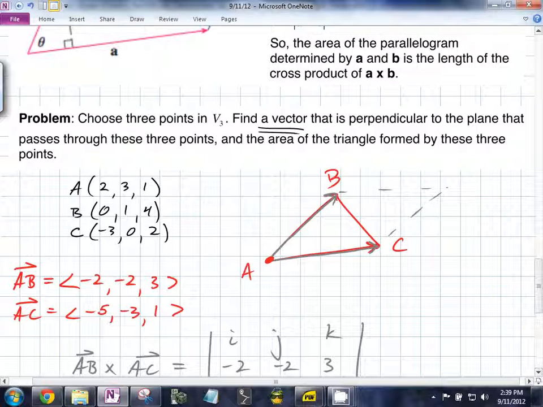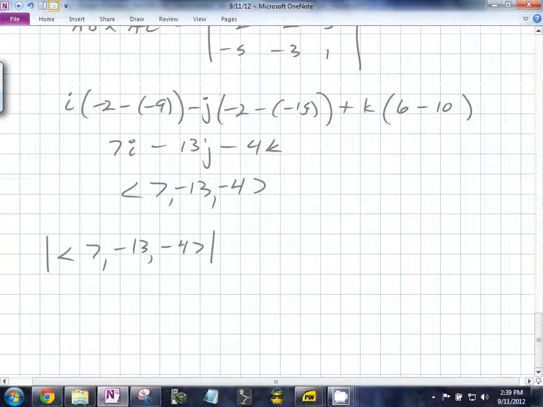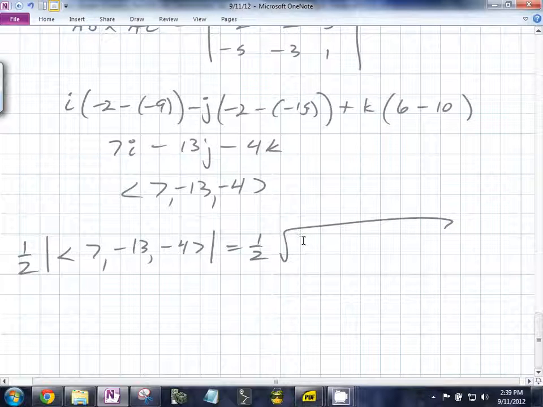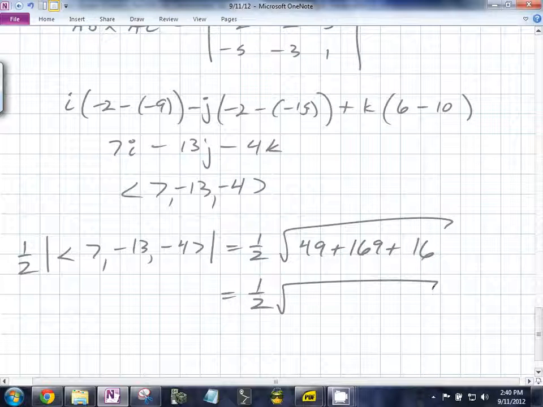So what do you end up with? 1/2 times the square root of what? 7 squared, 49 plus, plus. So you end up with 1/2 times the square root of 234. Did I get that right? Please correct me if it's wrong. Doing it quick.